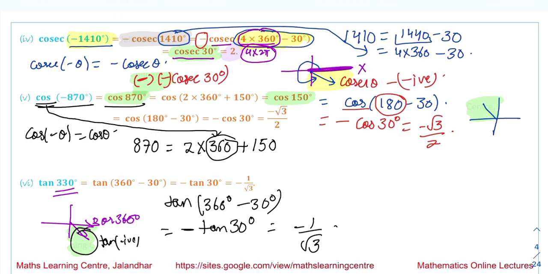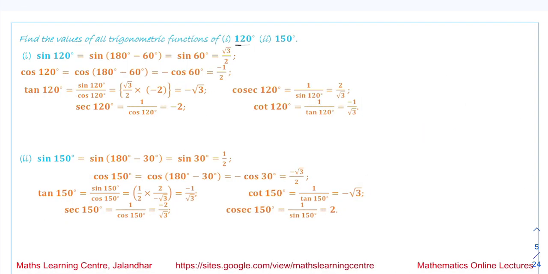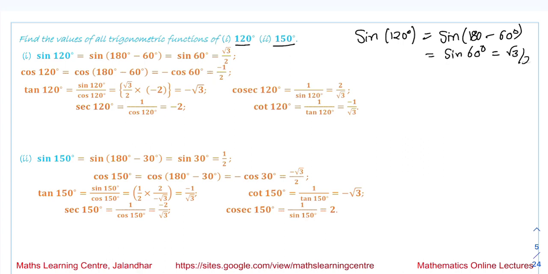Next we have to find the value of the trigonometric functions of 120 degree and 150 degree. So we are calculating first the value of sine 120 degree. So the answer will be sine of 180 minus 60 degree, and this is equal to sine of 60 degree, that is equal to root 3 by 2. When we have to calculate cos of 120 degree, that will be equal to cos of 180 minus 60 degree.